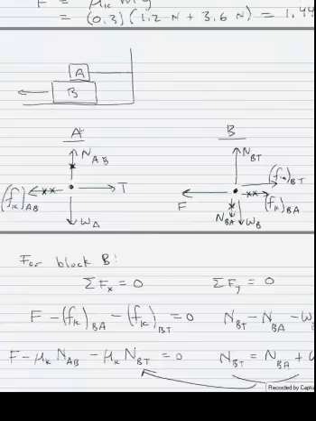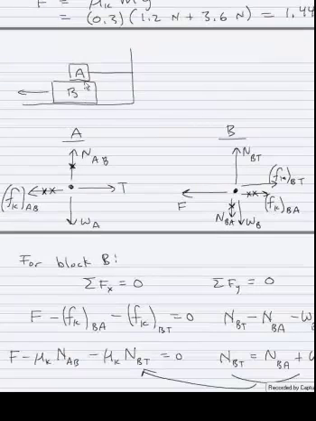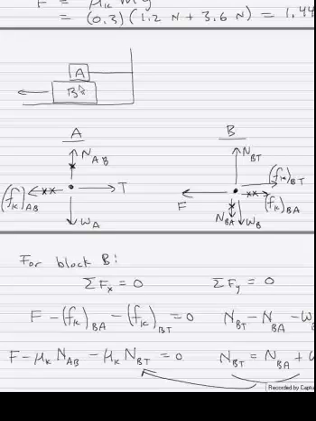And you can see from your free body diagrams, it gets a little complicated, but you can see that because if B was just rubbing on the ground, there'd be a friction force opposing that motion. But B is also rubbing against A, so that friction force also opposes the motion. So you have the two friction forces there. And then you have to sort of use Newton's third law to figure out that some of these magnitudes are the same.